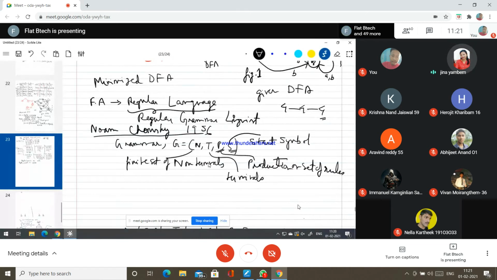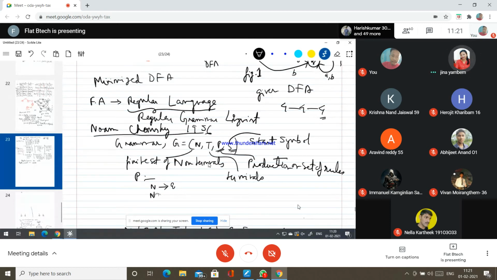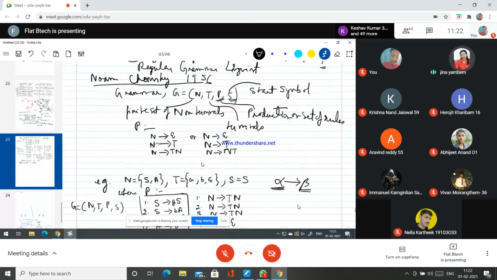A grammar will be considered as regular grammar when the production is of the form N to epsilon, N to terminal, N to terminal N, or N to N terminal. A grammar will be defined as regular grammar if the production of the grammar follows this format.